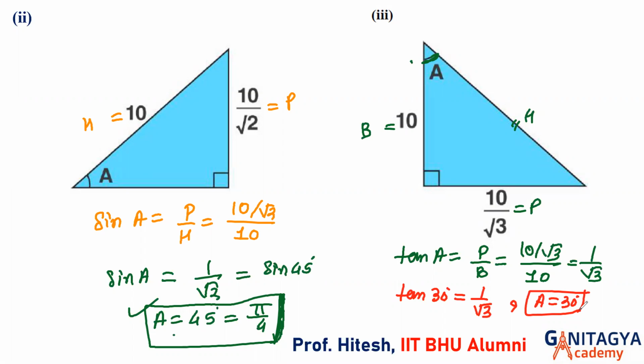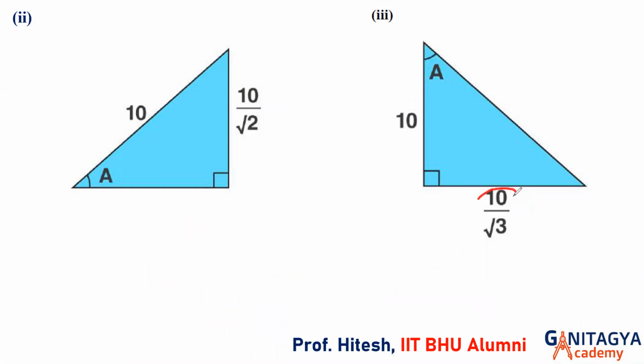Sir, it is 60 degree. How is it? Let me clear this. Yes, if instead of 10 by root 3 it is 10 root 3, then tan A will be 10 root 3 upon 10, that is root 3.